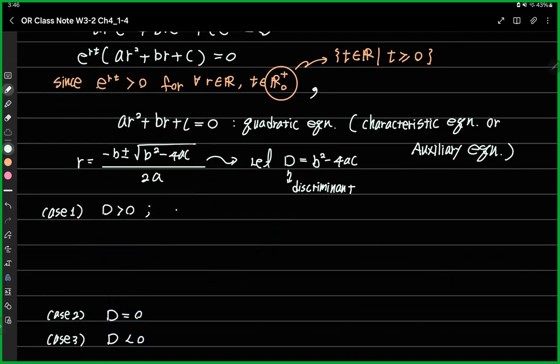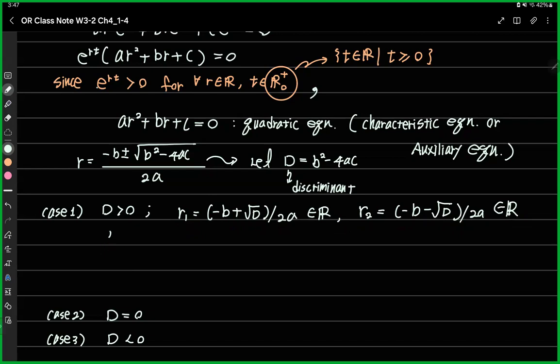If D is greater than 0, then R1 is going to be minus b plus the square root of D over 2a, and this must be a real number, right? And R2 is going to be minus b minus the square root of D over 2a. This also belongs to the real numbers.